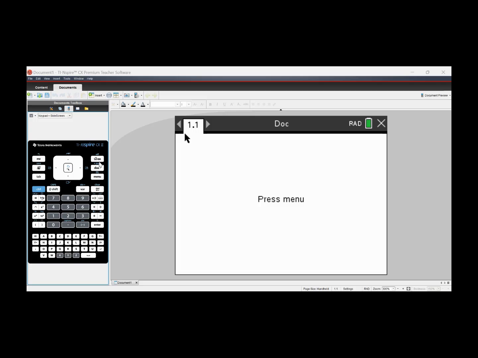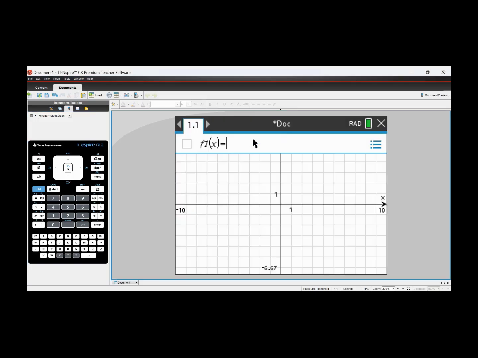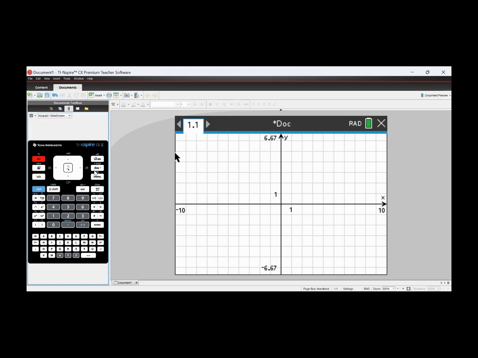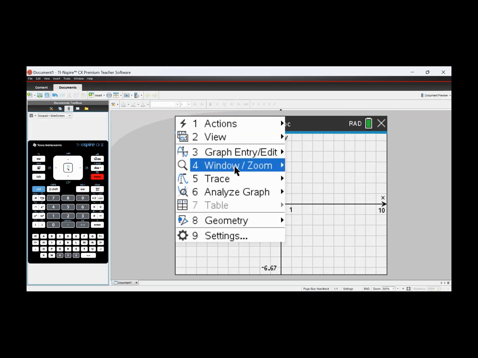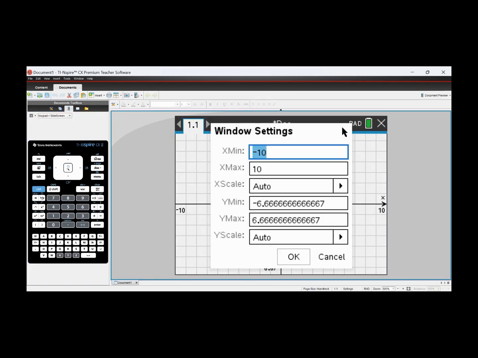So we open a new document. I'm going to press Menu. I'm going to enter a graph page. I notice that the graph paper that I have has a different window, so I'm going to escape. I'm going to go to Menu, Window Zoom, Window Settings. My X-min is negative 10, so I can tab. My X-max is 10, so I can tab, but I'm counting by ones.